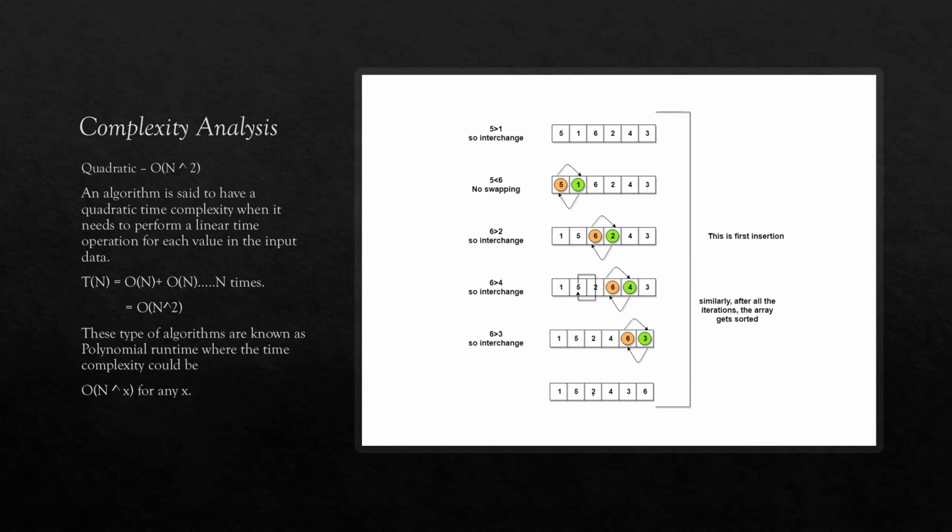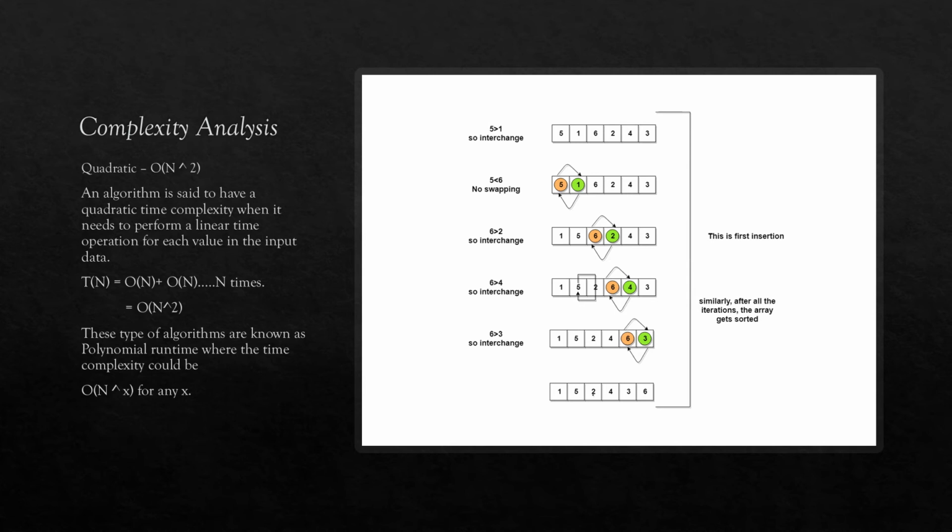In the worst case, if the array is sorted in descending order, which means the integers are arranged like 6, 5, 4, 3, 2, 1, and we want to sort them in increasing order, we would need to perform a swap operation for each value of the input to get it into the right place.